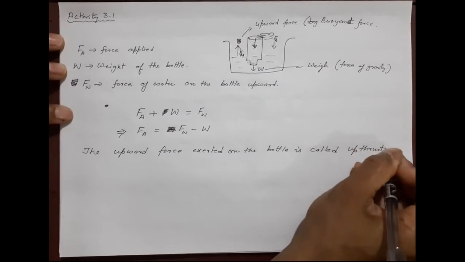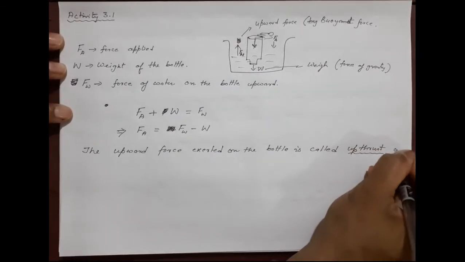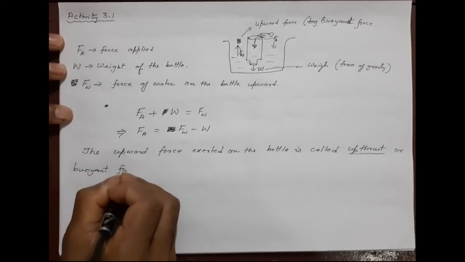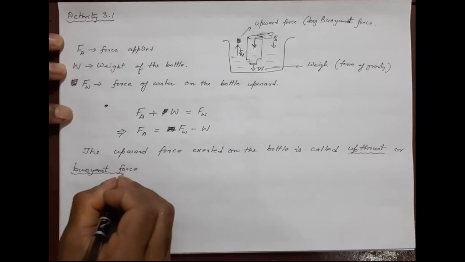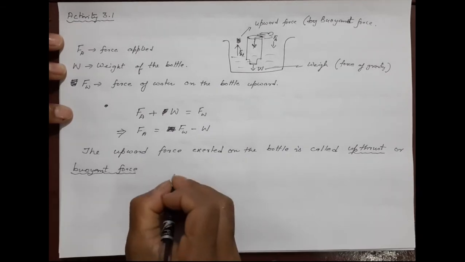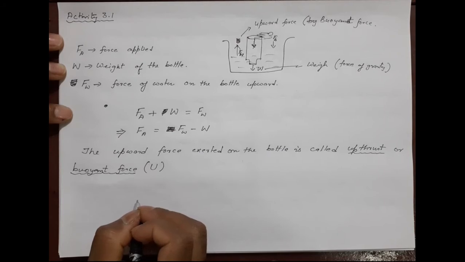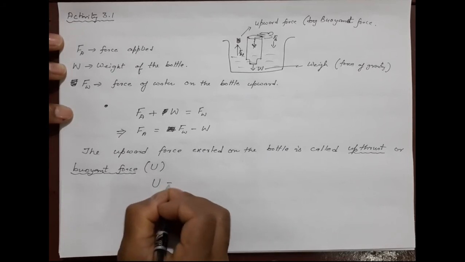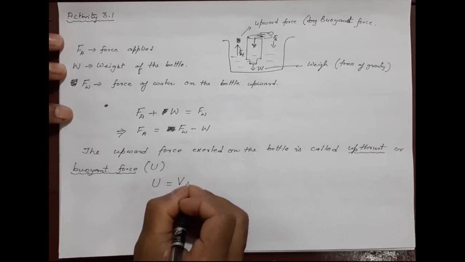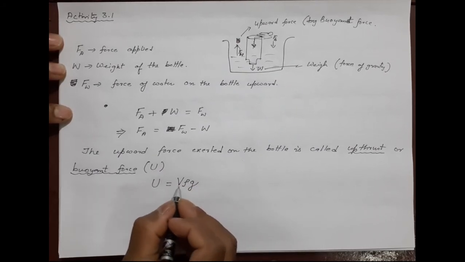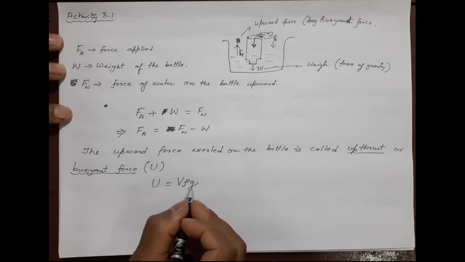Another name for buoyancy is upthrust, or buoyant force. It is denoted by U. U is equal to V rho g: volume, density, acceleration due to gravity.